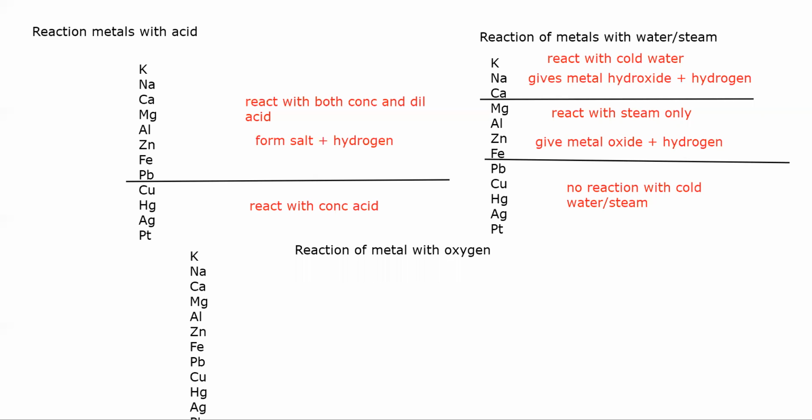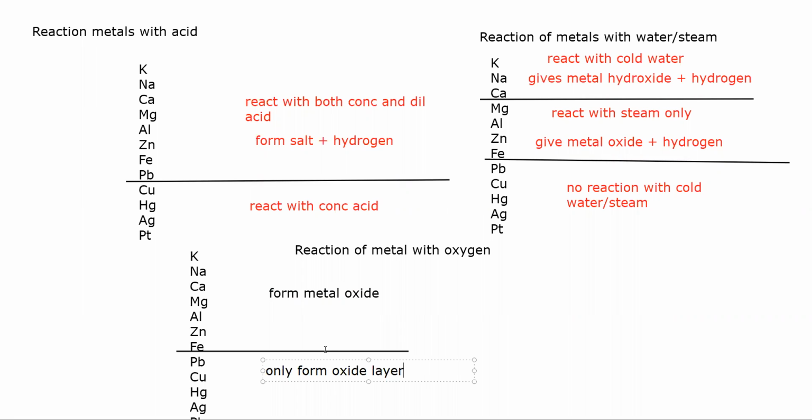So reaction with oxygen. Till iron, when they react with oxygen, it will form metal oxide. But below lead, and copper, what it will do, it will only form an oxide layer.